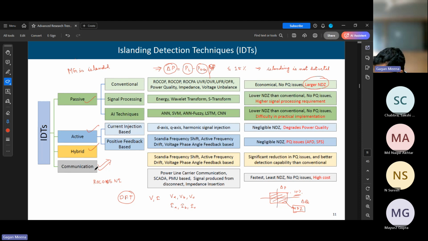That is the problem, and that's why we are talking about these passive, active, and hybrid techniques. Once we have the communication infrastructure in place, we can use DPMU or SCADA based techniques. Without that, we have to do it by measuring these different quantities.